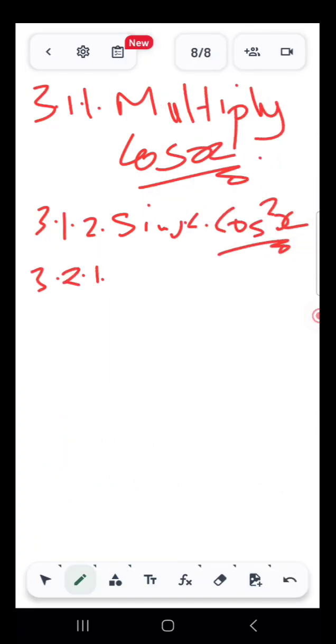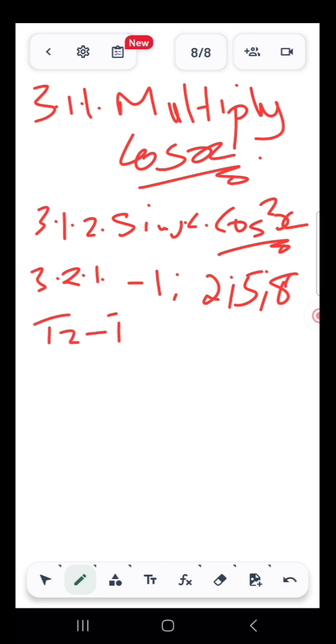3.2.1. So they gave us -1, 2, 5, and 8. First thing we need to find is whether it is geometric or arithmetic. Always try the arithmetic first. Arithmetic says T2 minus T1 must be equal to T3 minus T2.